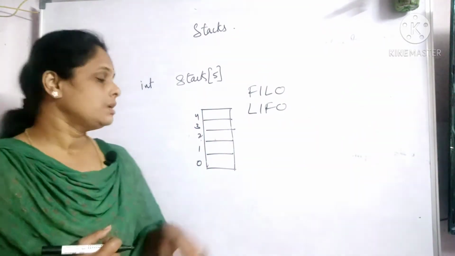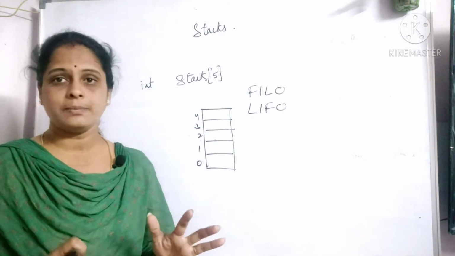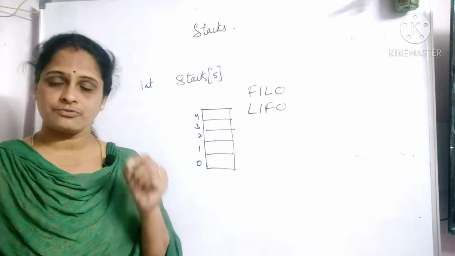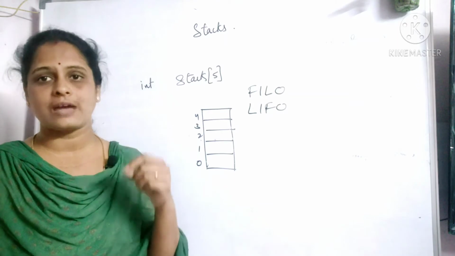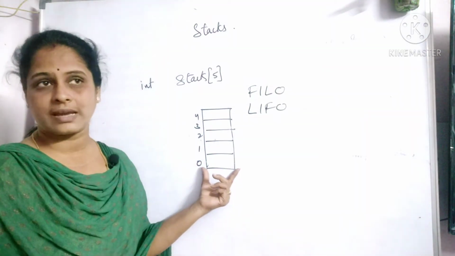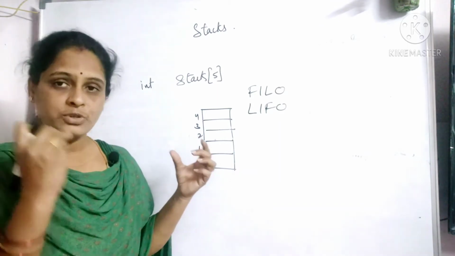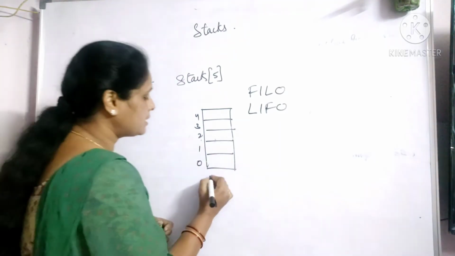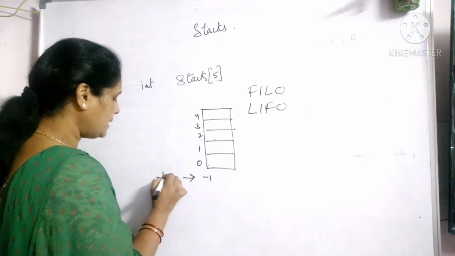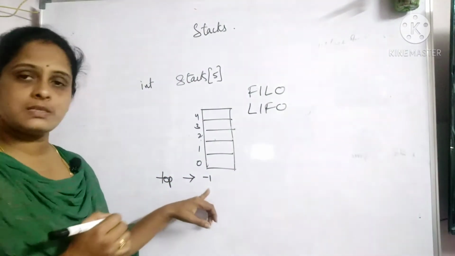Top is the position from where insertions or deletions have to be done. But there is nothing inside the stack still, so the position of the top will be at -1. So the empty stack's top will be at -1.